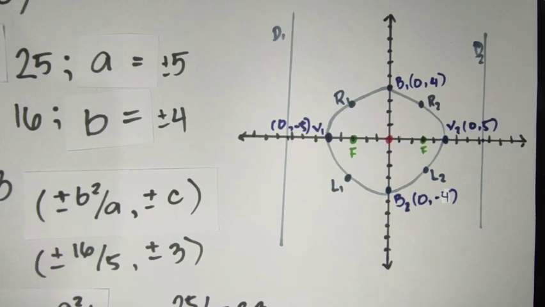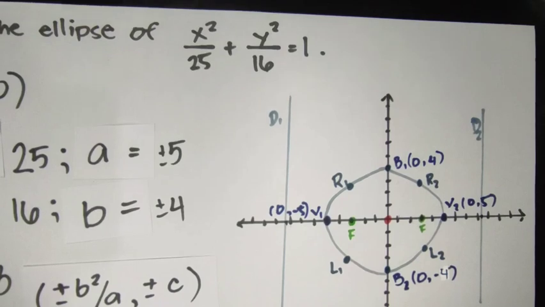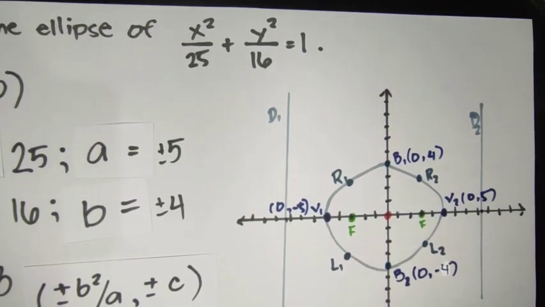And that's it. That's how you graph the ellipse of x squared over 25 plus y squared over 16 equals 1.